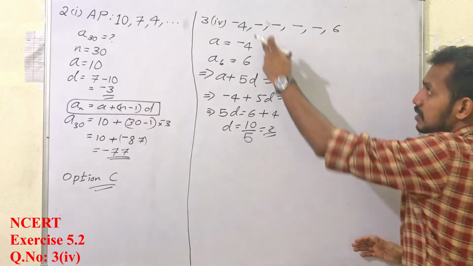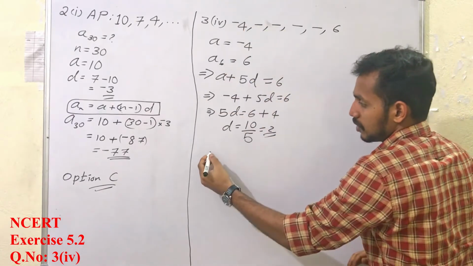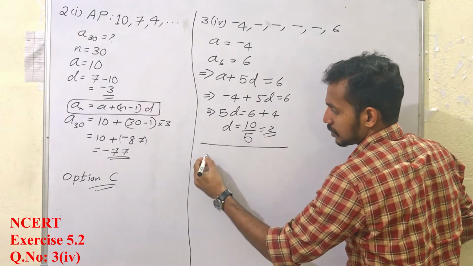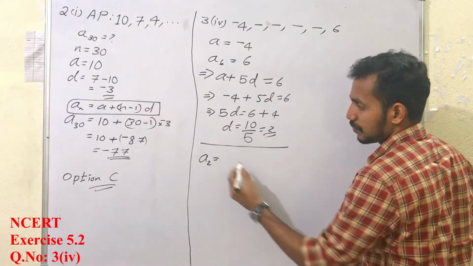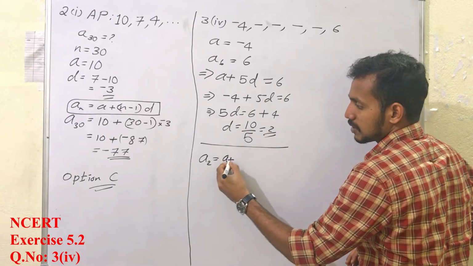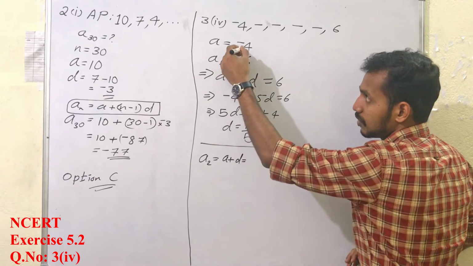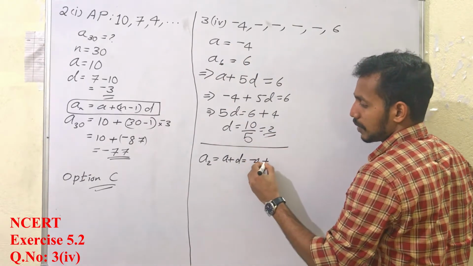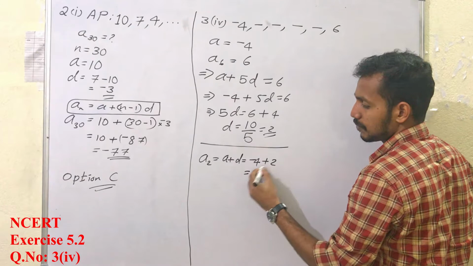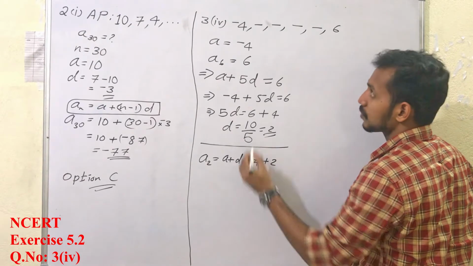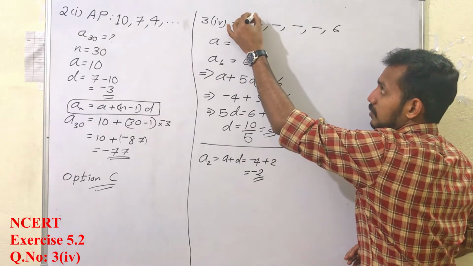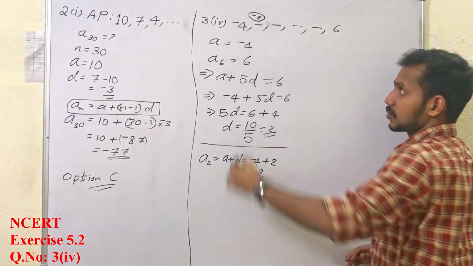Clear? Now what is the second term? Then we can find the missing term, that is a2 is equal to a plus d, which is equal to minus 4 plus 2, which is equal to minus 2.